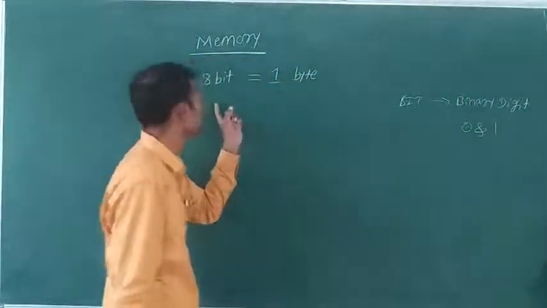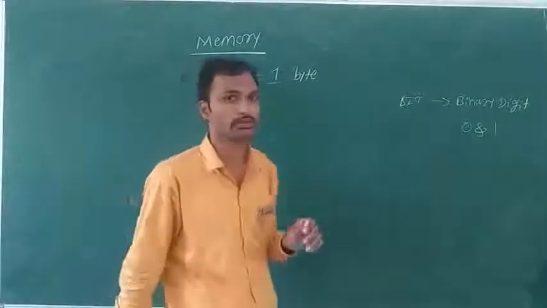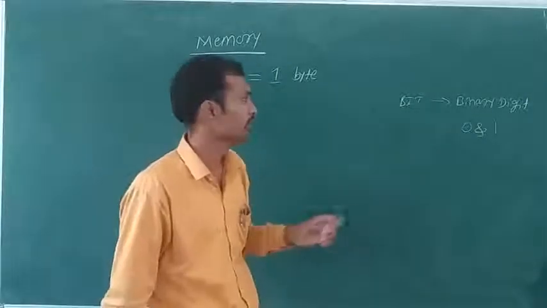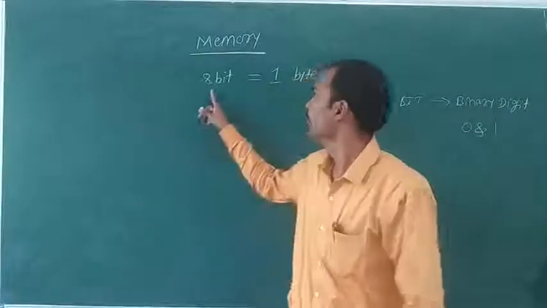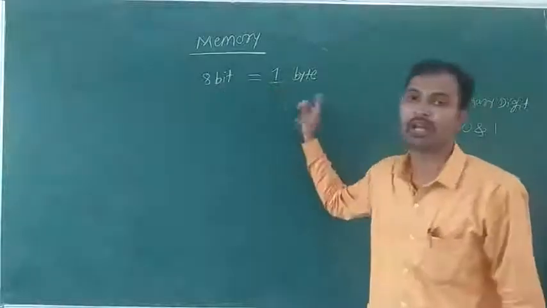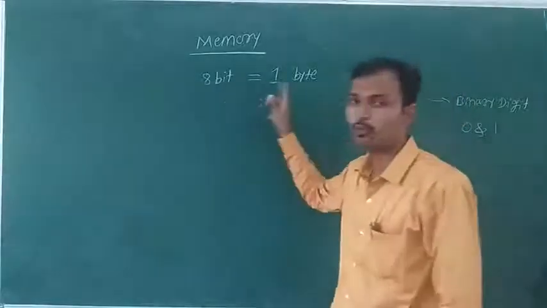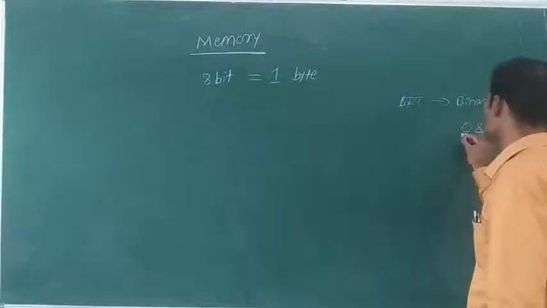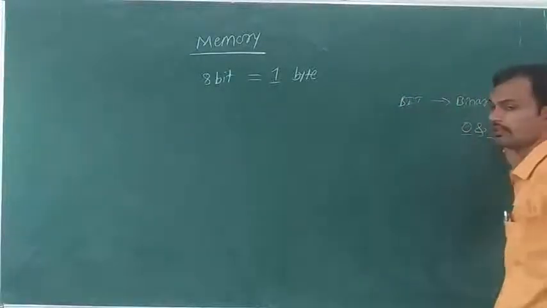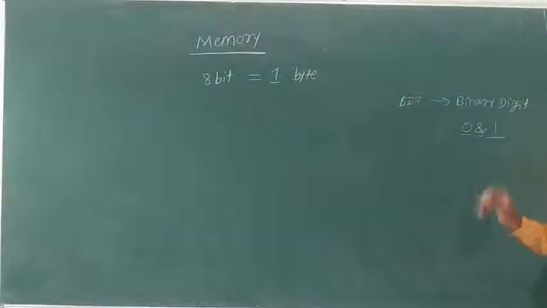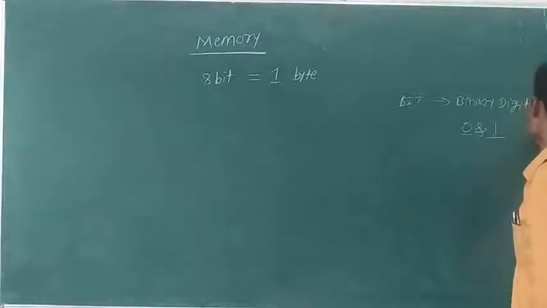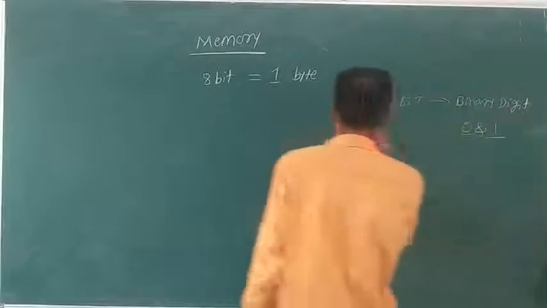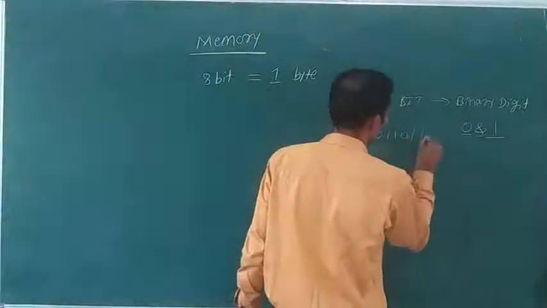So what is 8 bit? 8 binary digits is equivalent to 1 byte. Bit means binary digit. Which are binary digits? 0 and 1. Binary means 2. So we write like this: 0, 1, 1, 0, 1, 1, 1, 0.